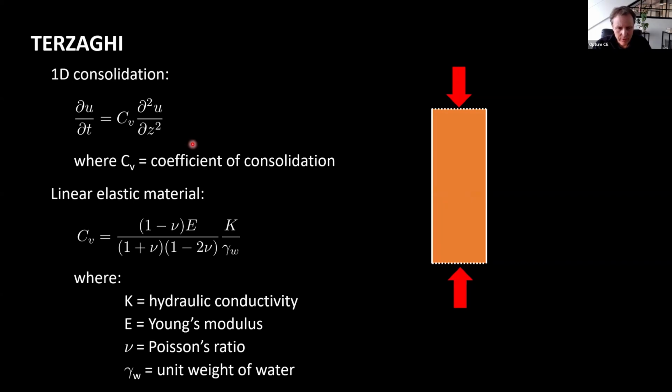From a more theoretical point of view, it can also be related to the hydraulic conductivity and the stiffness of the material. So for a linear elastic material, it can be shown that CV is actually this quantity here, E, the Young's modulus, times the hydraulic conductivity, divided by gamma W, the unit weight of water, and then there's some Poisson's ratio effect as well.